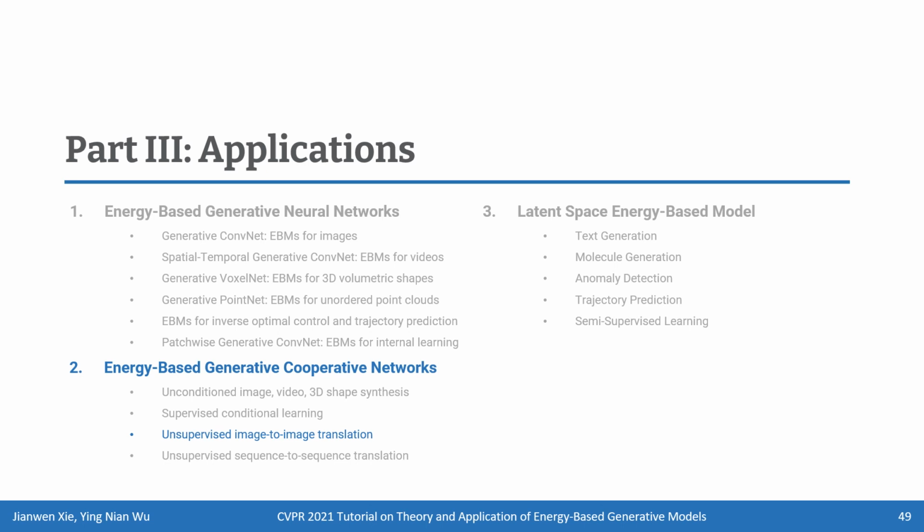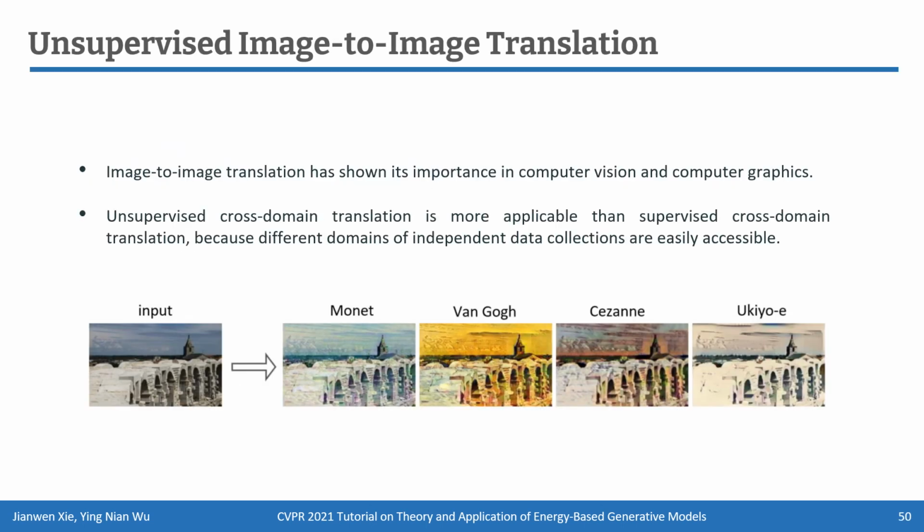In this section, we will talk about unsupervised image-to-image translation. Unsupervised cross-domain translation is more applicable than supervised cross-domain translation because supervised image-to-image translation relies on paired training examples between two domains.